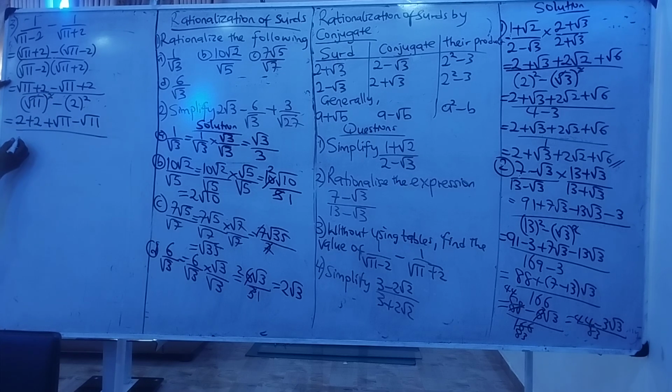Square will cancel square root. We have 11 minus 2 squared, which is 4. So we have 2 plus 2 is 4, plus root 11 will cancel minus root 11, all over 11 minus 4, which should give you 7. So 4 over 7 is the answer.